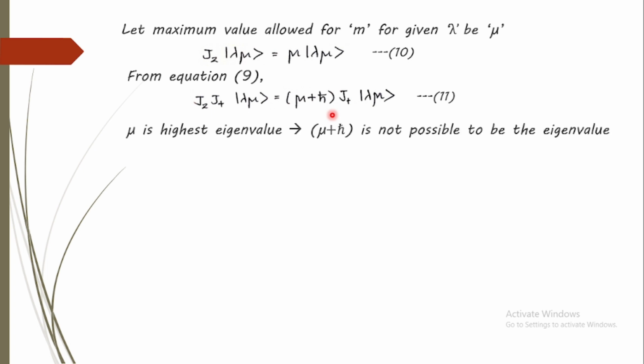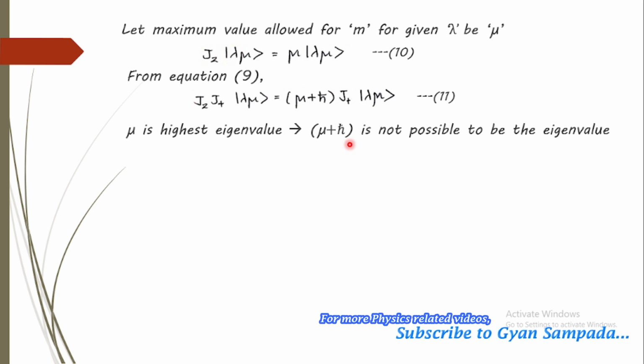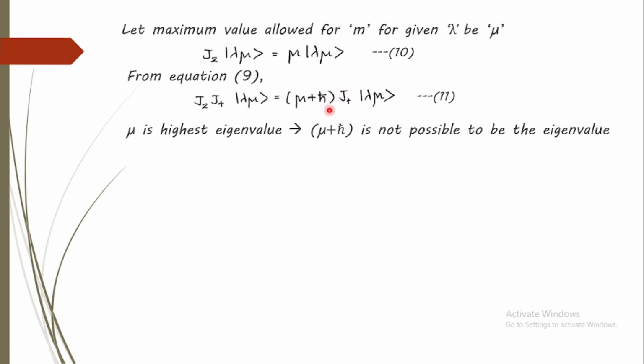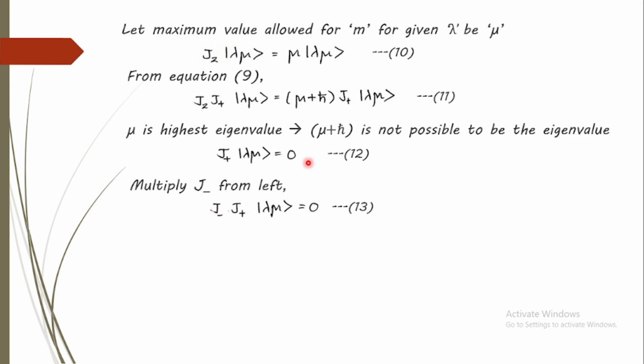Since mu is the highest eigenvalue, mu plus h cross is not possible as an eigenvalue, because the maximum value allowed is mu. But when we operate with the raising operator, it becomes mu plus h cross, which is not valid. Therefore we say J plus ket lambda mu equals 0. If we multiply this by J minus from the left, it again equals 0.